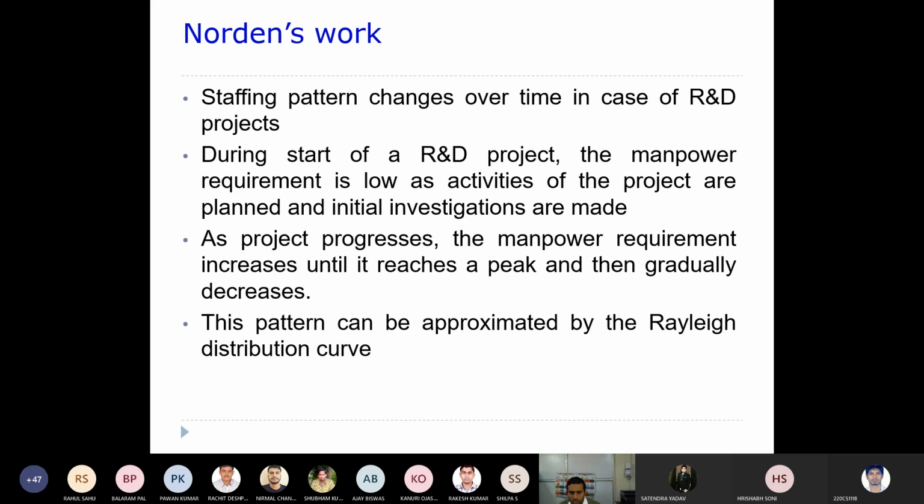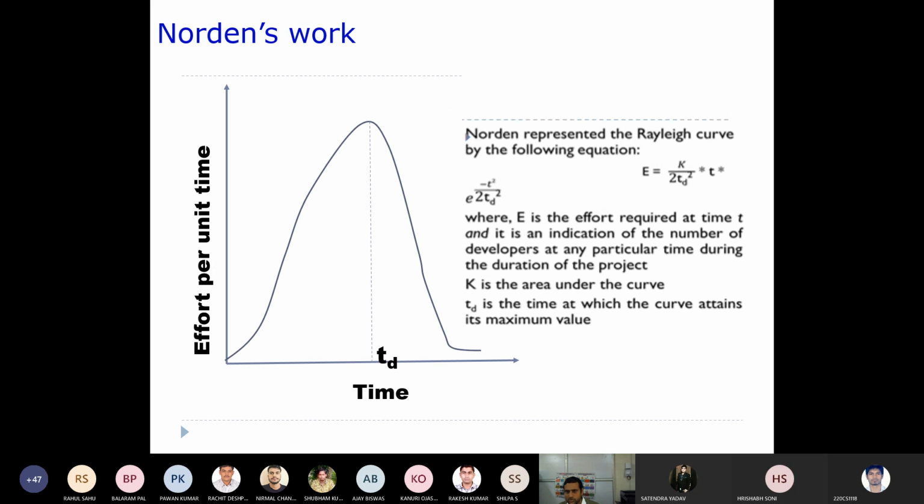So this pattern can be approximated by the Rayleigh distribution curve, right? We will see how it looks. This is exactly a Rayleigh distribution curve. That means as time progresses, the effort per time slowly increases and reaches a peak, and after that the required number of persons decreases over time, right?